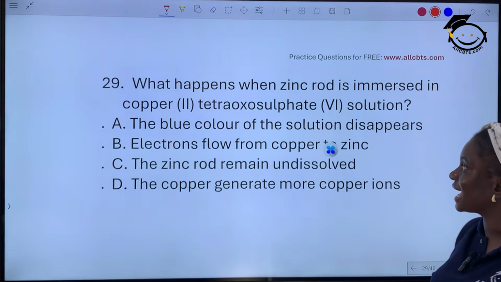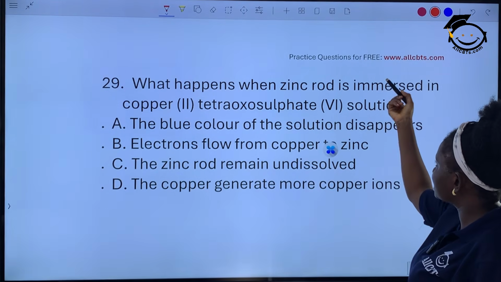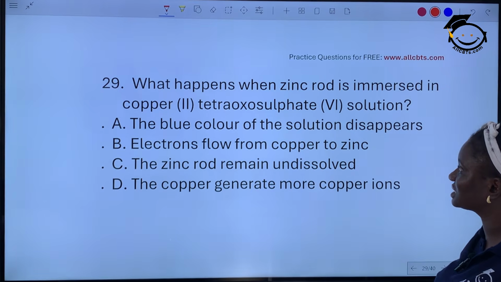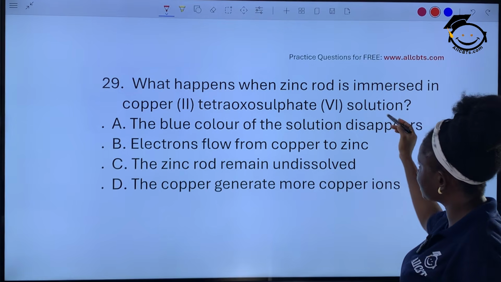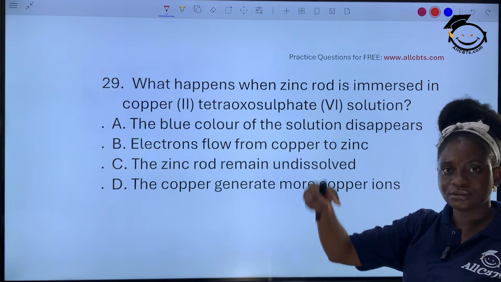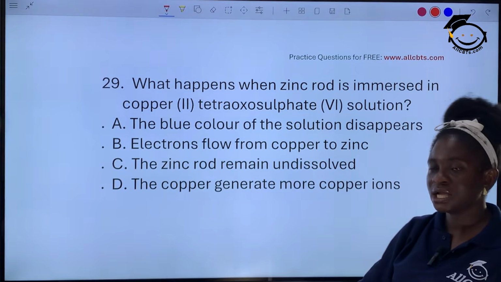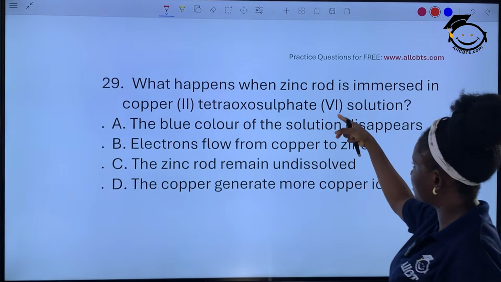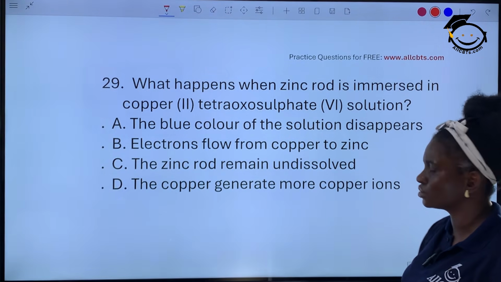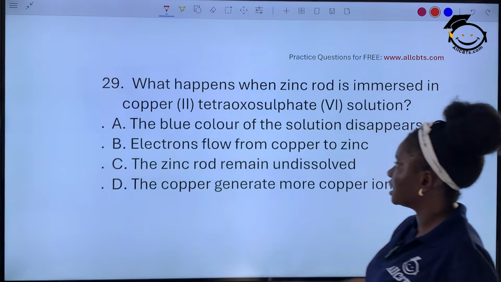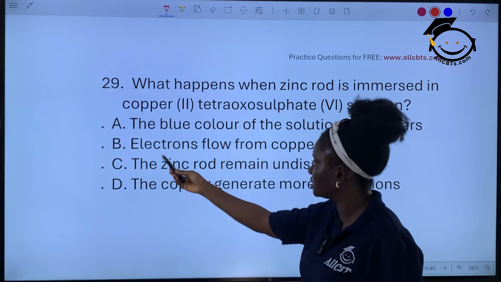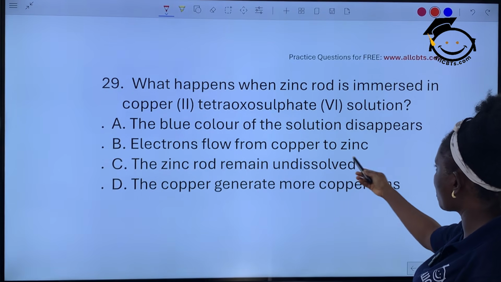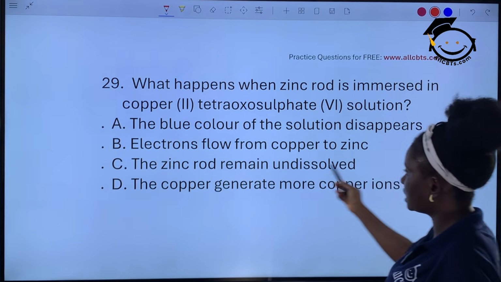Question 29. What happens when zinc is immersed in copper(II) tetraoxosulfate(VI) solution? So when you dip a zinc rod into copper(II) tetraoxosulfate(VI) solution, what happens? A, the blue color of the solution disappears. B, electrons flow from copper to zinc.